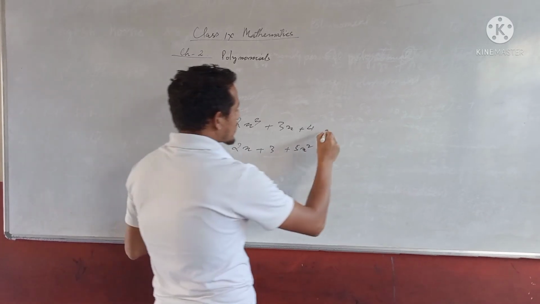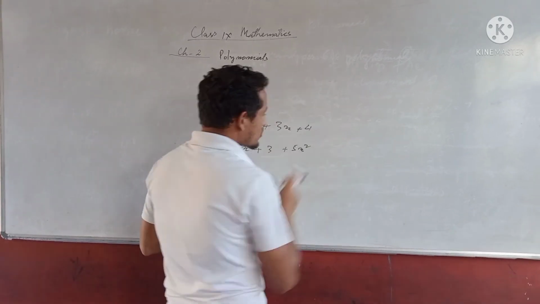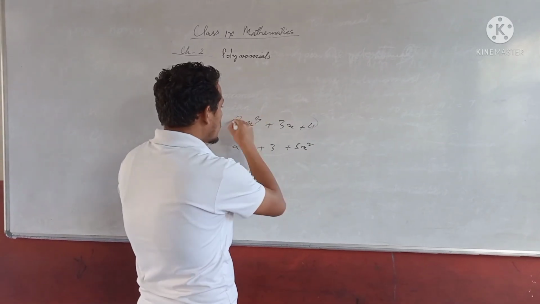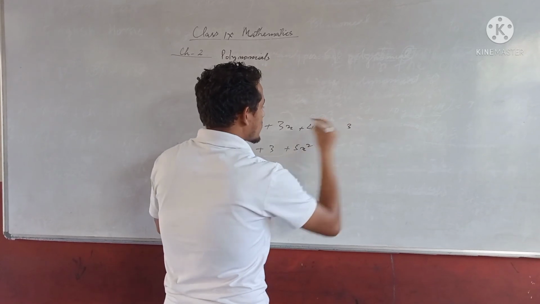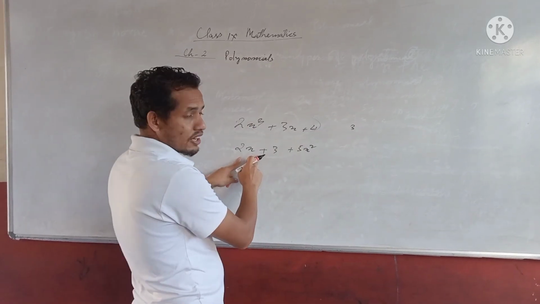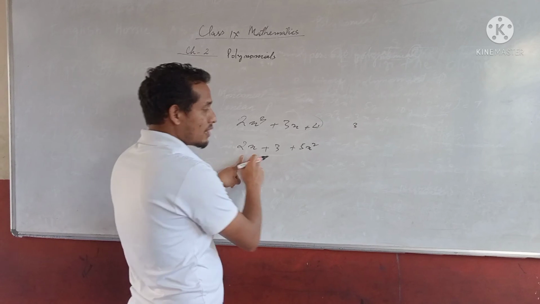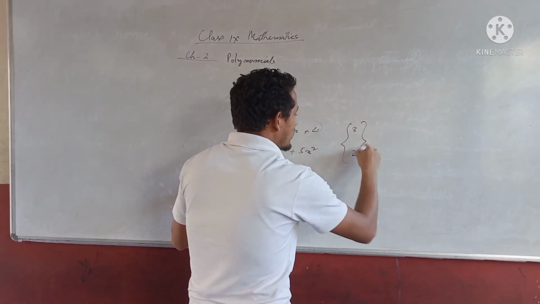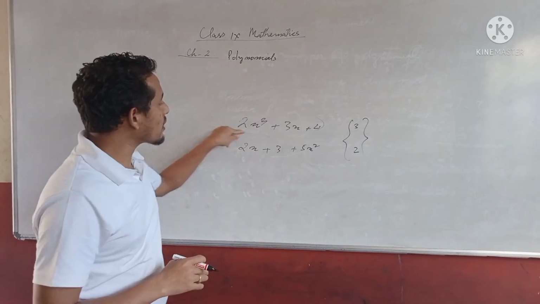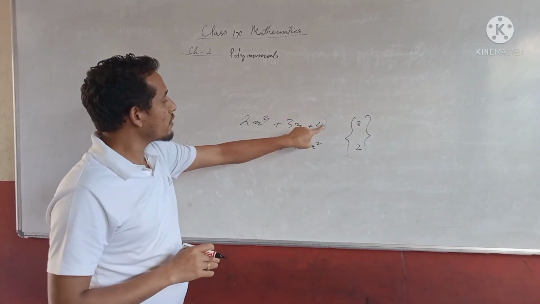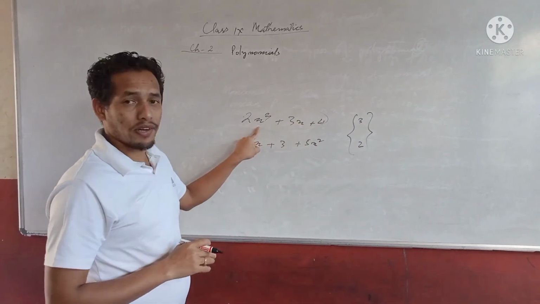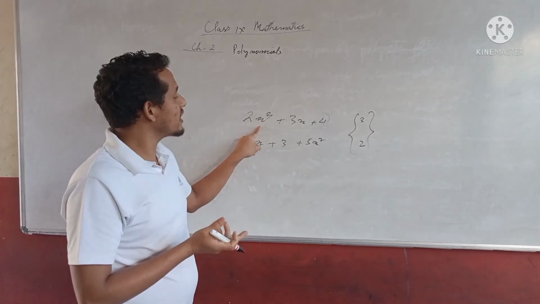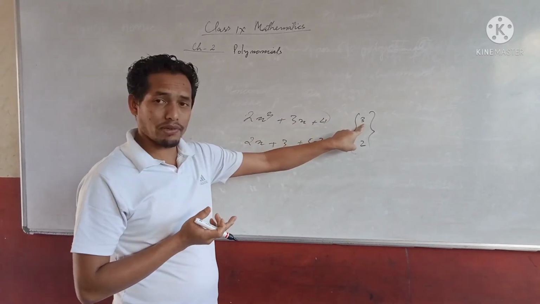In the first case, if the question is what is the degree of this polynomial, then your answer is 3. And in the second case, the answer is 2. To identify it, you look at the polynomial, check the power in all the terms, and the highest one is taken as the degree of the polynomial.